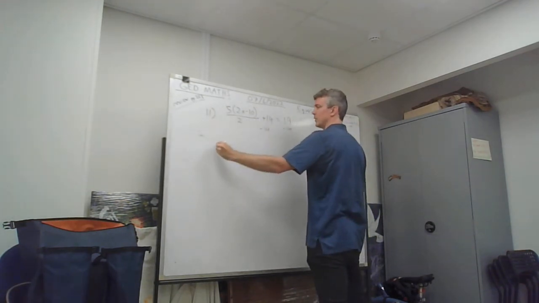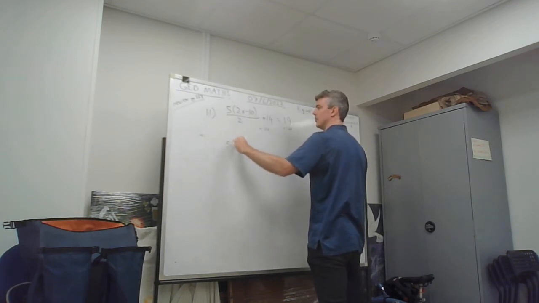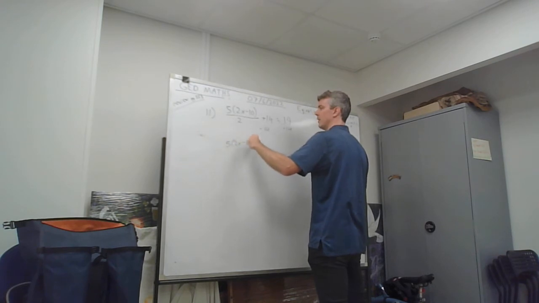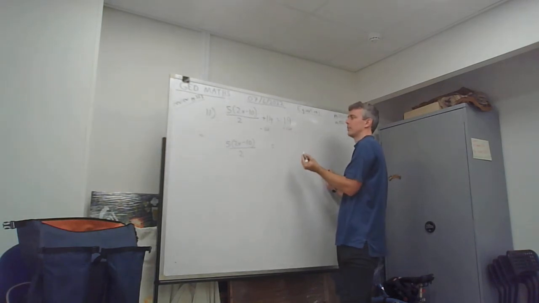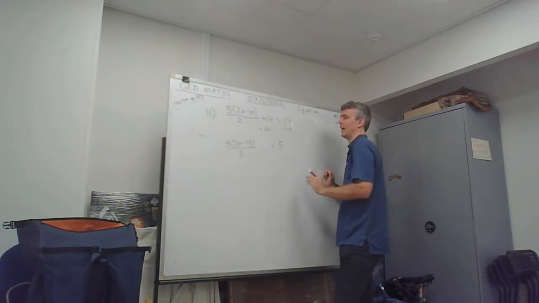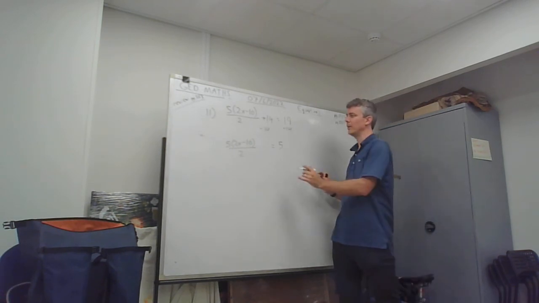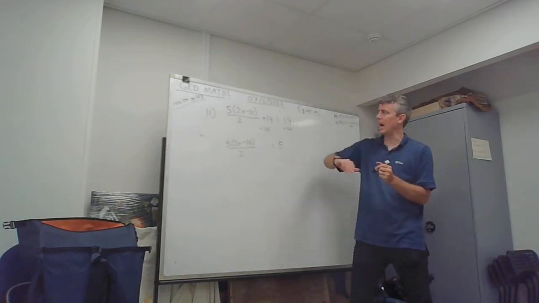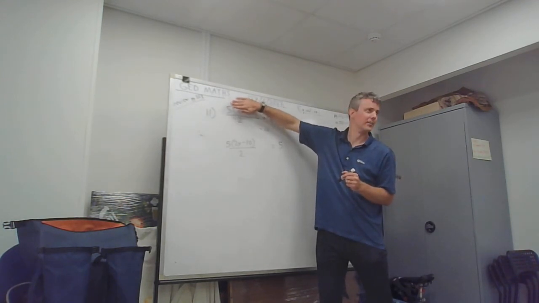So now that becomes 5 times 2x minus 10 over 2 equals 19 minus 14? 5. Alright, already it looks a lot simpler, right? Okay, and now it's kind of like, basically, it's as if I took this whole thing and made that like a y, right?